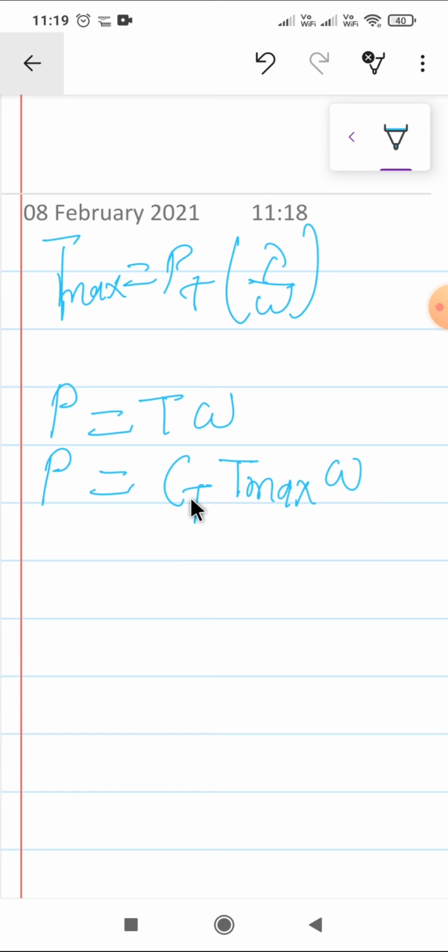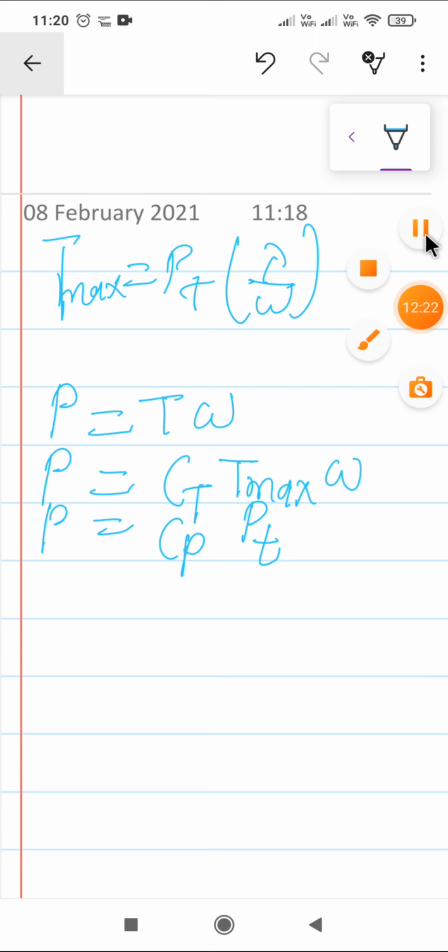Substituting the equation, P is equal to Cp into Pt. Pt is theoretical power, P is real power, and Cp is coefficient of power. So we will find the relation between them.